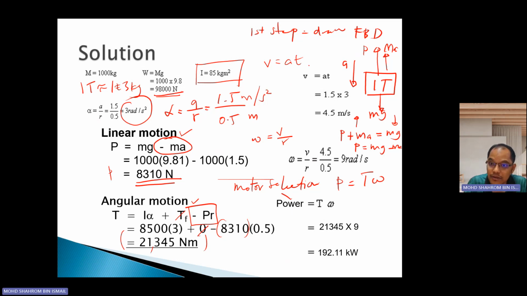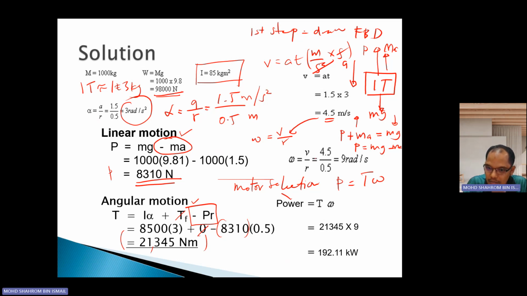So in here it goes by meter per second squared multiplied by second, so you get meter per second. You get 4.5 for the velocity, and then you put the 4.5 into the equation of omega equivalent to velocity over r.